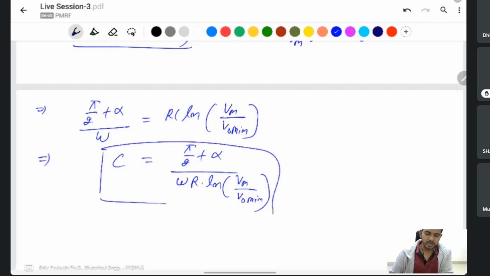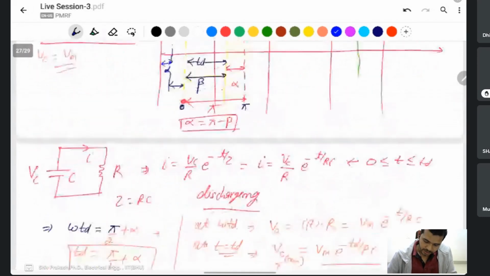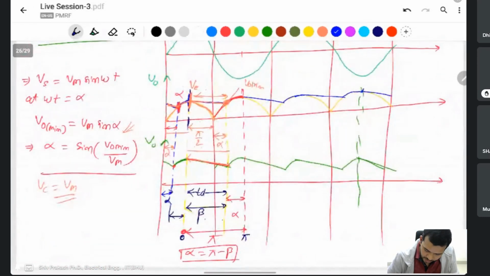You can calculate the output capacitor value for the filter of the V output ripple delta Vr in the output, the same as here, this one to this one. This one is the Vm value, the peak value, the output peak value is the same as the source voltage peak value. This is the output minimum value.